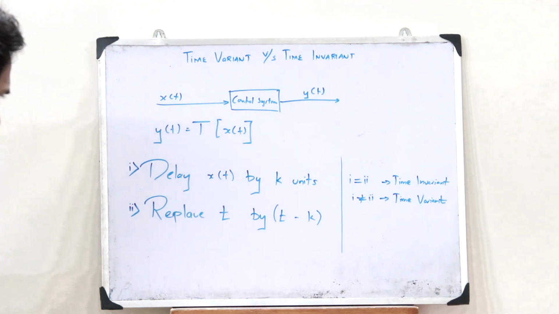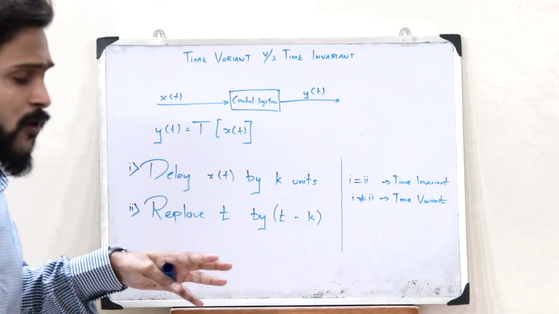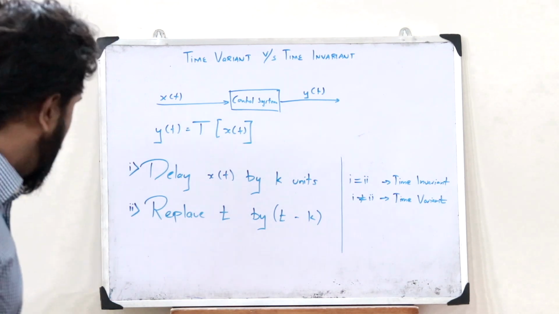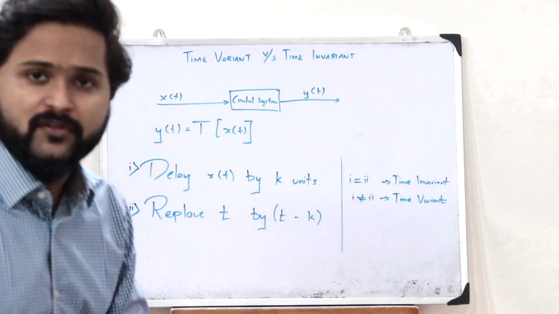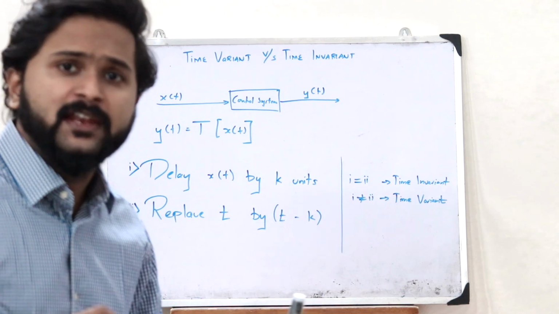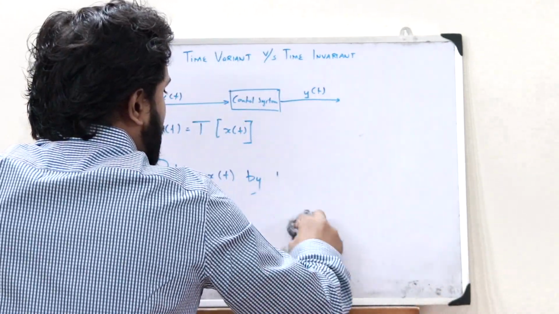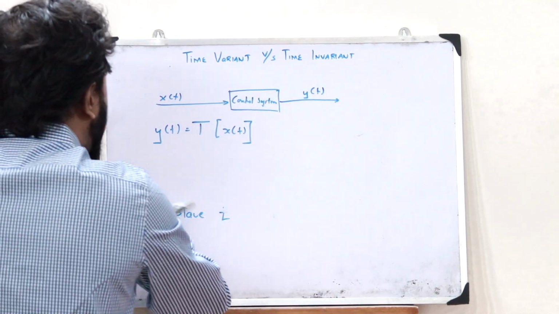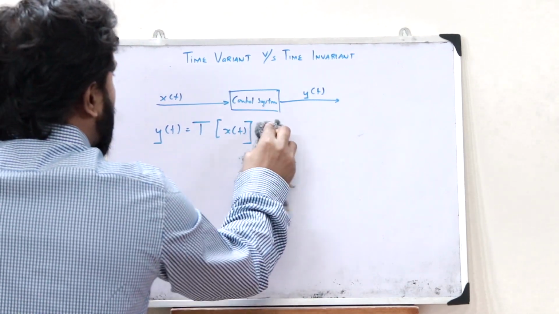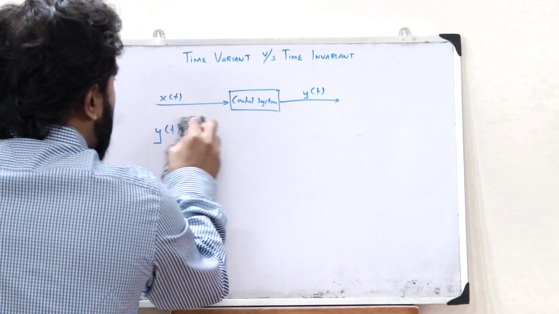So this is how we check whether a particular system is time variant or time invariant. Now let us see a few basic examples of control systems that are both time variant and time invariant in nature. By seeing these examples, you will have a clear idea of how you can check whether a particular control system is time variant or time invariant.